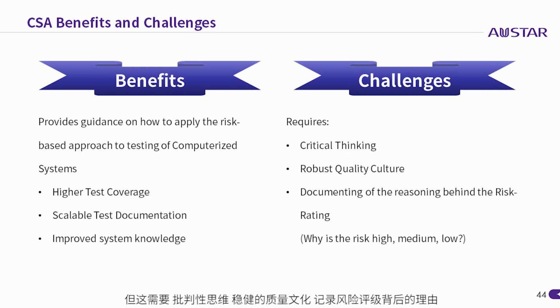But it requires critical thinking, robust quality culture, and documenting of the reasoning behind the risk rating. Specifically, we need to be able to tell even in a few years after we have performed the risk assessment why a particular risk has been assessed as high, medium, or low.